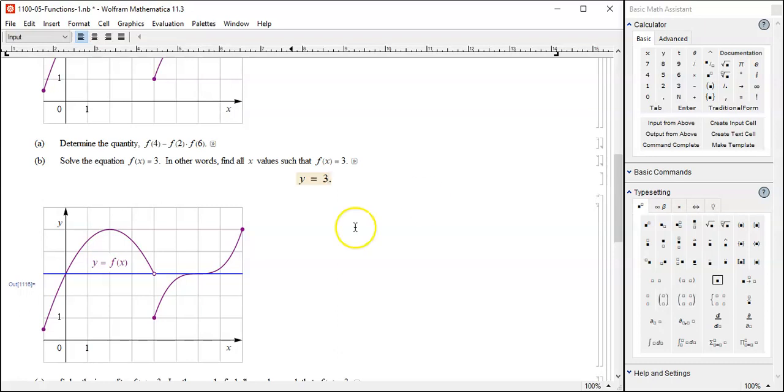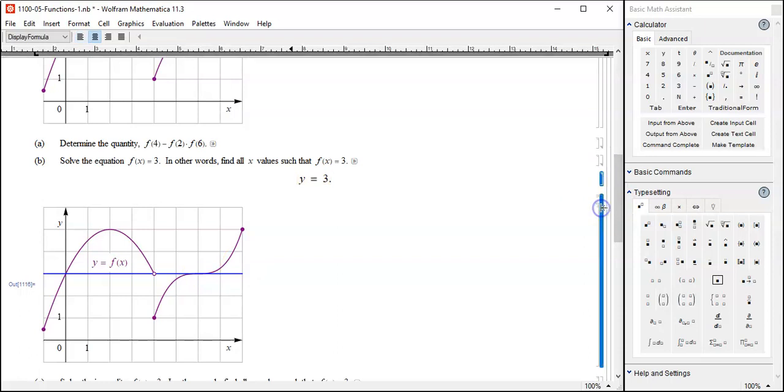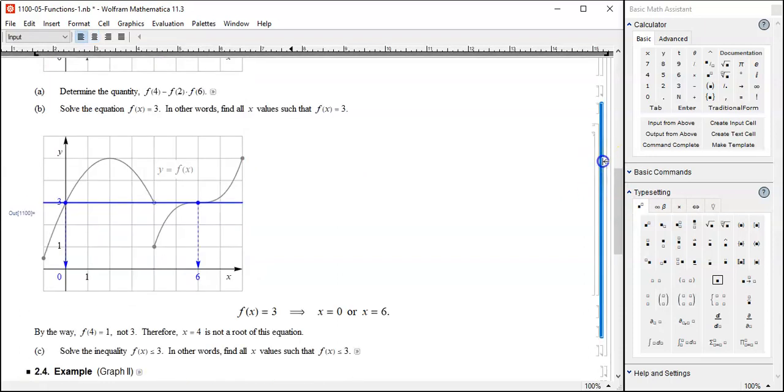What are the x-coordinate values for y equal to 3? Right here and right there. Did you get those? They are x equal to 0 and x equal to 6. You see a horizontal line, y equal to 3, and we get these 2 points. You can read their x-coordinate here and there.